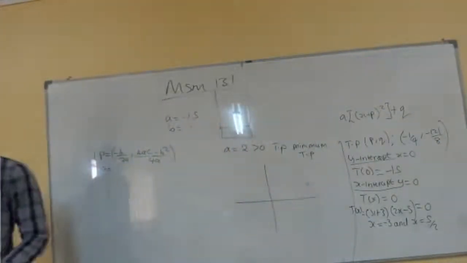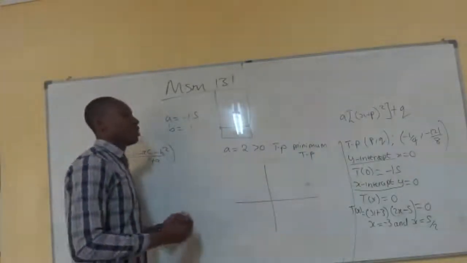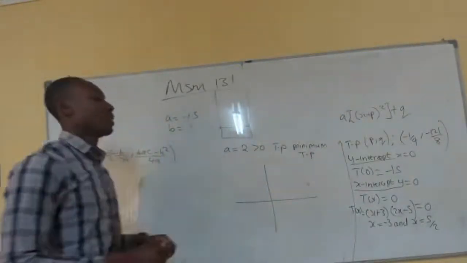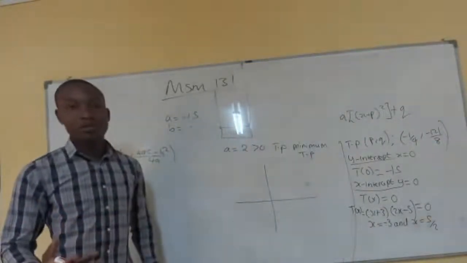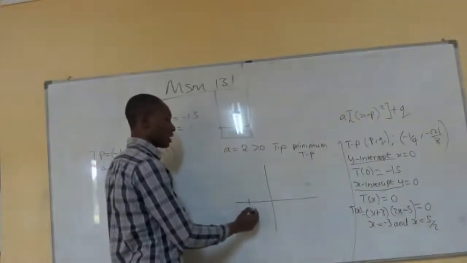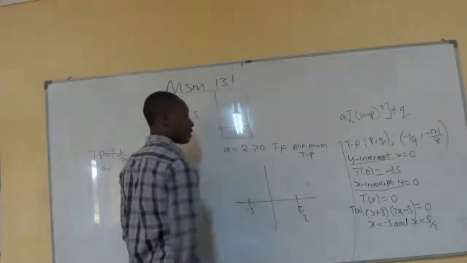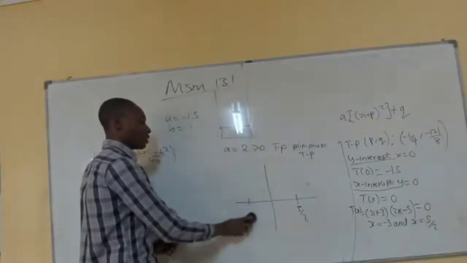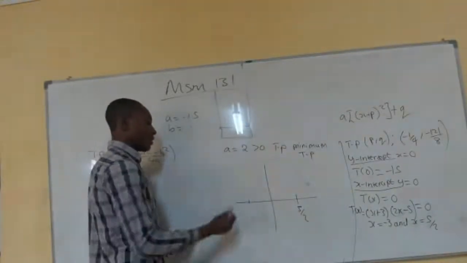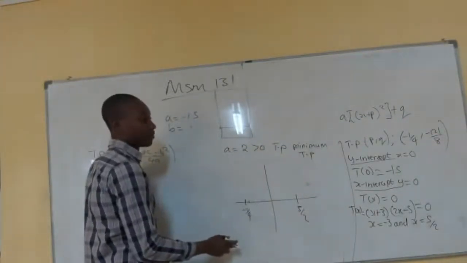Usually, whenever we are dealing with these things at university, we sketch. It's not accurate, but I'm going to use all the information that has been given to me. We know the intercepts, negative 3 and 5 over 2. We also know our turning point is negative 1 over 4 comma negative 121 over 8.